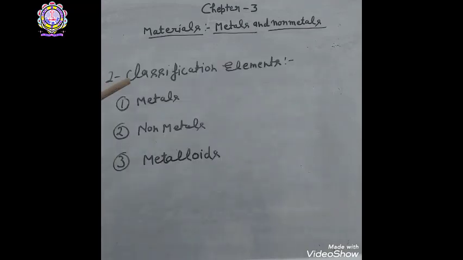The next topic of this chapter is the classification of elements. We know that all the objects around us are made up of some materials.